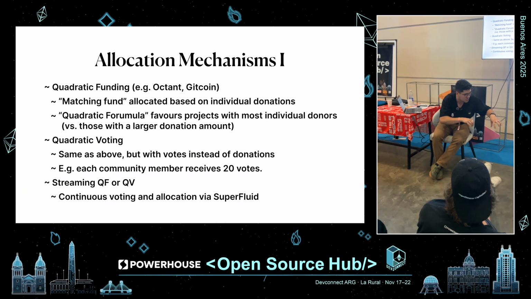Instead of one individual donor skewing where all the matching funds go because they have a lot of money, the matching fund gets distributed a little bit more equally between the projects, because the quadratic formula benefits those who have more votes, rather than a higher amount of money donated as a vote, let's say.